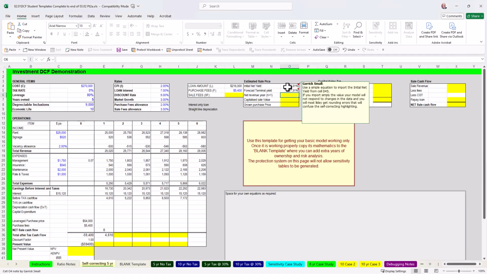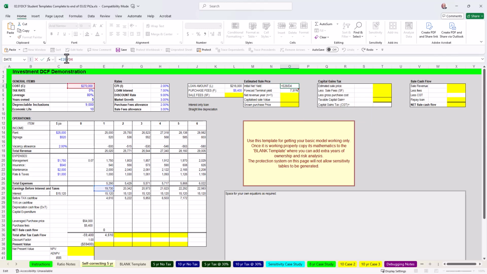Well, let me go back to the initial net yield that we're looking at, and we see that the initial yield is worked out using our EBIT amount, so it's a net yield, and so we want to use a net yield for our notional sale.